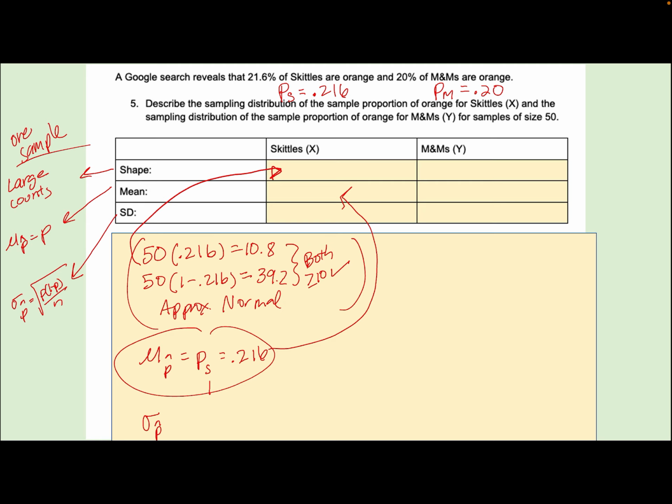My S here is just standing for Skittles. So 0.216 times 1 minus that, which is 0.784, all divided by 50, under a square root. That gives me a standard deviation of 0.0582, and that is going right here. Sorry, I know that looks really crazy with all the arrows.